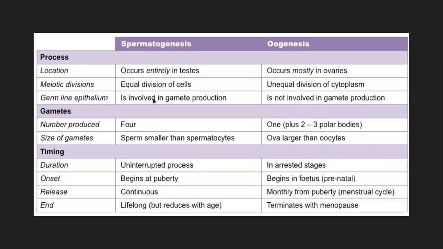Germinal epithelium is involved in gamete production in one case and is not involved in gamete production in the other. Now, what does this germinal epithelium mean? In the testis, it is the outermost layer of the seminiferous tubules that is involved in gamete production.